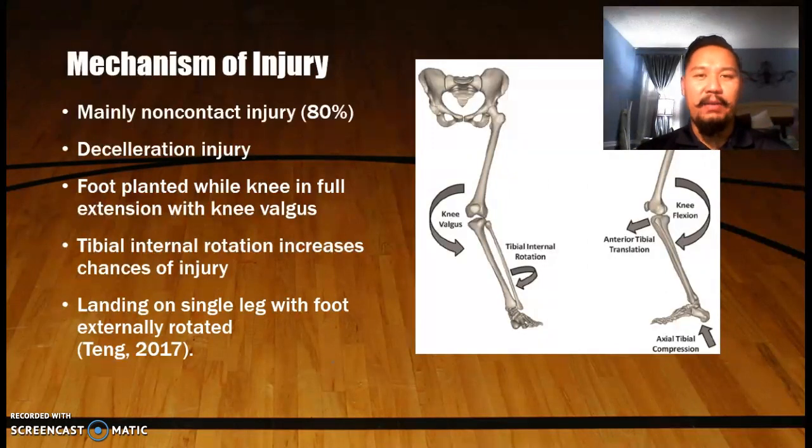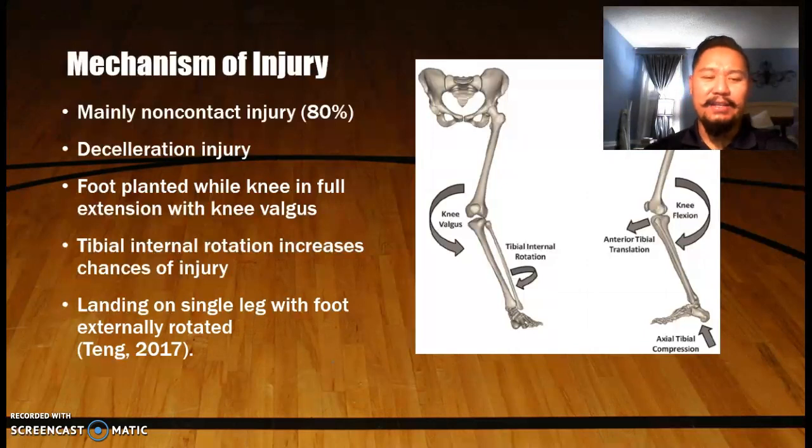A lot of times you'll be in that position already. You'll be foot planted and the knee extended, and then the knee valgus, and it's getting strained, and then you receive a hit from the outside. That's when it just makes it worse, and then the tear actually happens.